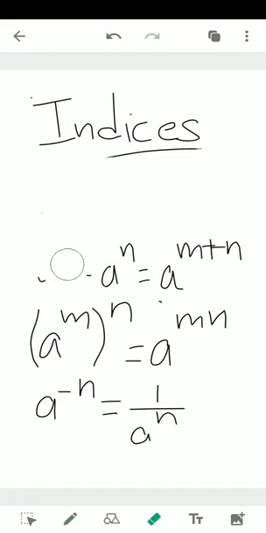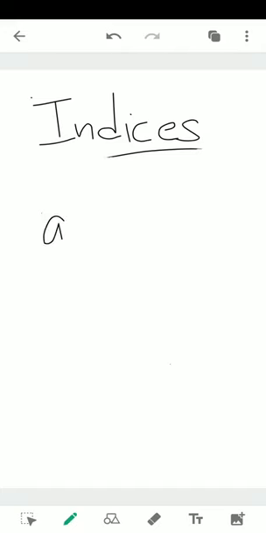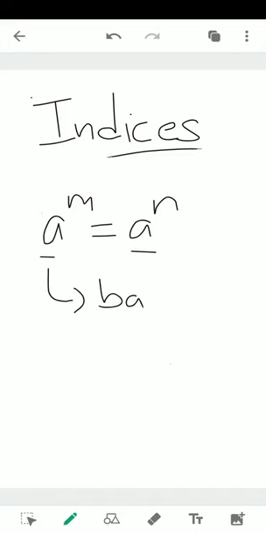One more last rule which is very significant is, let me just erase this first. I have a to the power m equals a to the power n. If I have it like this, and if the bases are same, remember this is called the base. If you're not clear, these are called your exponents or index.